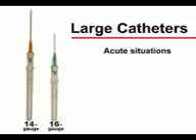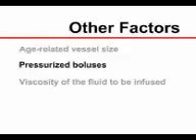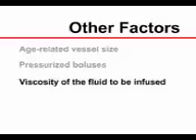For example, in managing hypovolemia in a trauma patient or in a patient with severe dehydration. Other factors that may influence the size of the catheter used include age-related vessel size, the need for pressurized boluses for administration of contrast or medication, and the viscosity of the fluid to be infused.